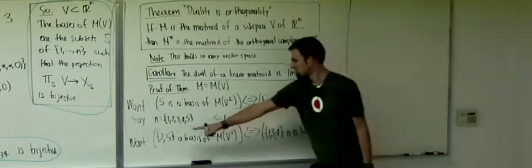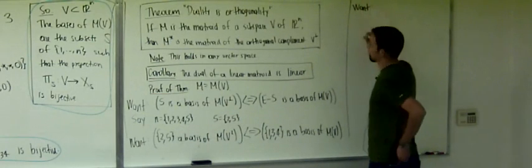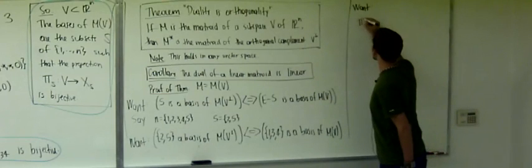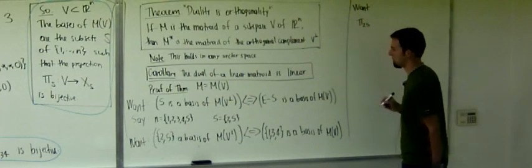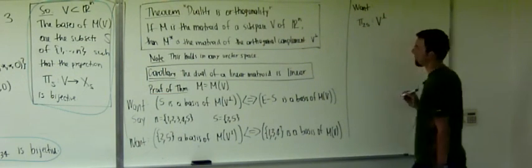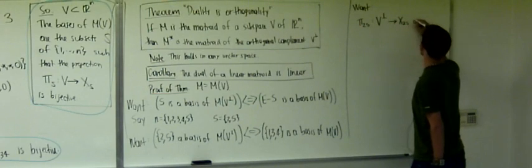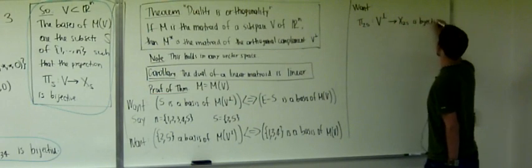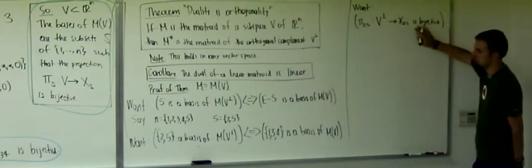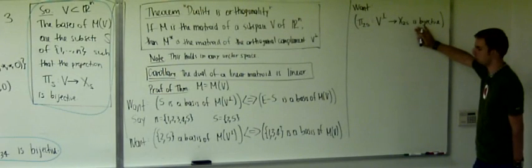Well, 2, 5 is going to be a basis of this if and only if the projection of V perpendicular onto x2, 5 is bijective. So this is what it means for 2, 5 to be a basis of M of V perp.